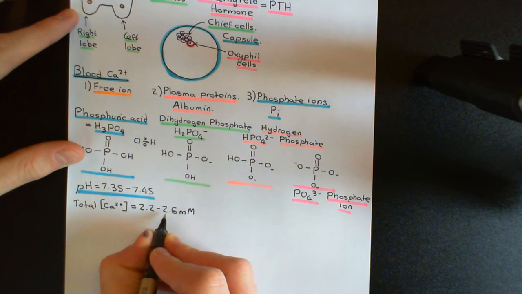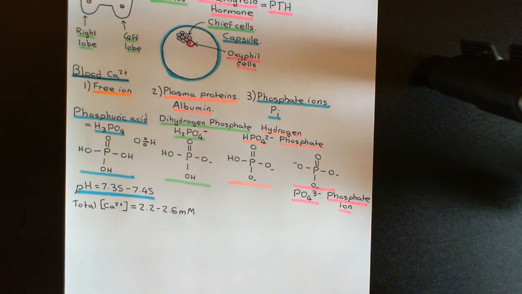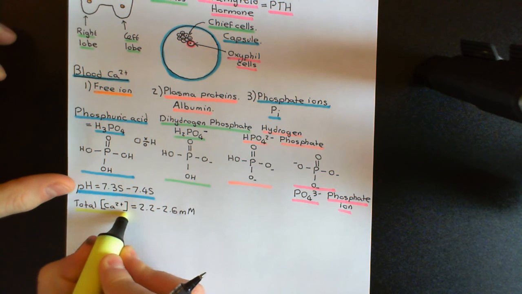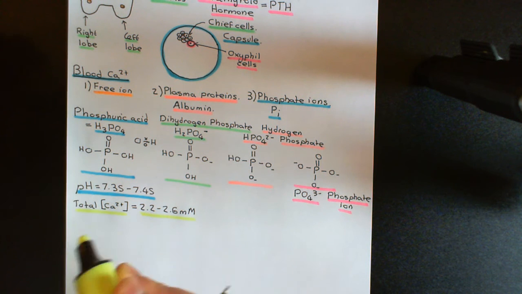Okay, so 2.2 to 2.6 millimoles per litre. So that's the normal range for total blood calcium concentration, i.e. calcium in any one of the three forms.